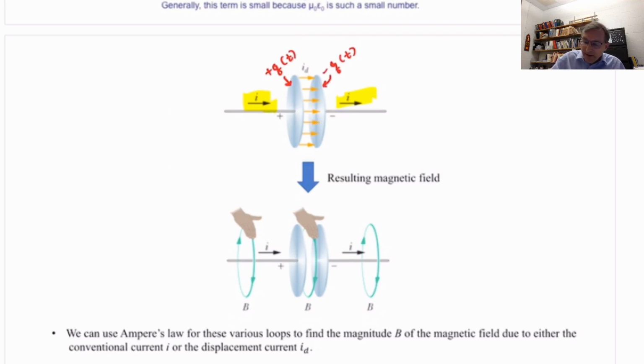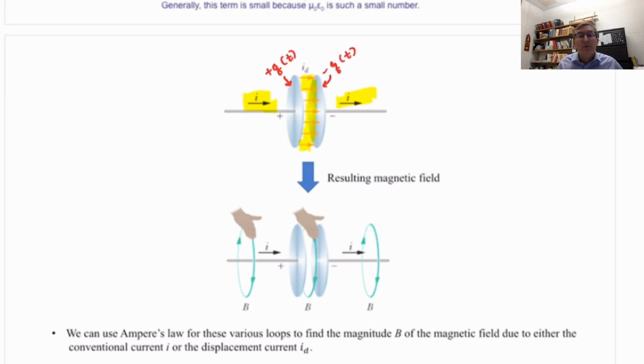And we can think of there being a displacement current, nice and uniformly spread in the region between the plates, flowing to the right, in this case, away from the positively charged plate towards the negatively charged plate. And the total of that displacement current equals the conventional current.